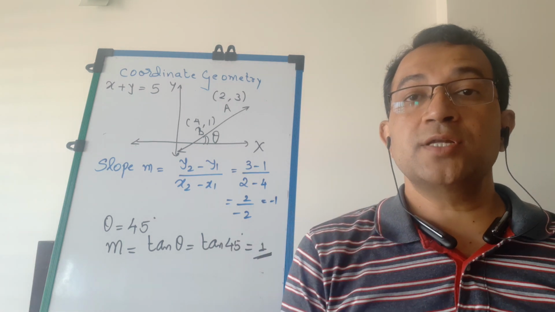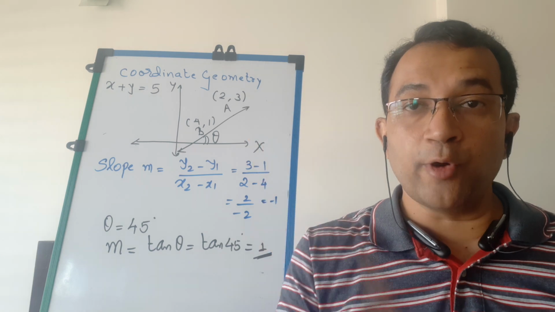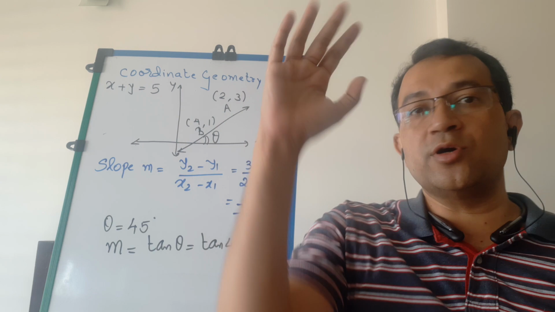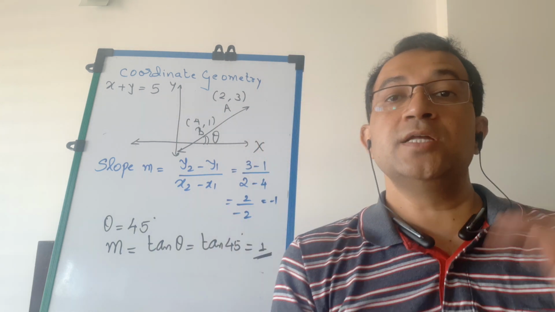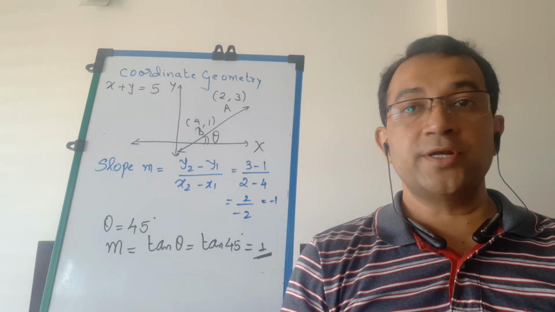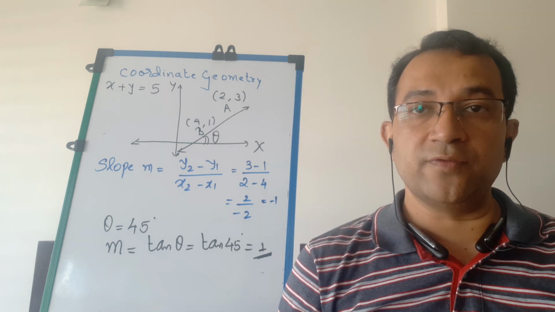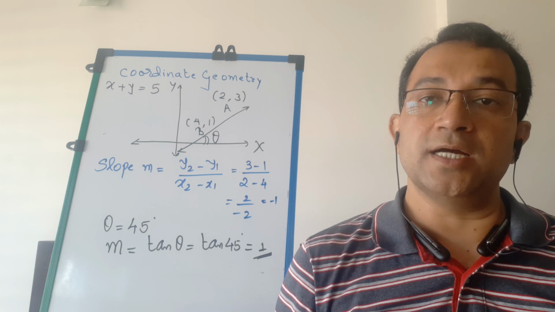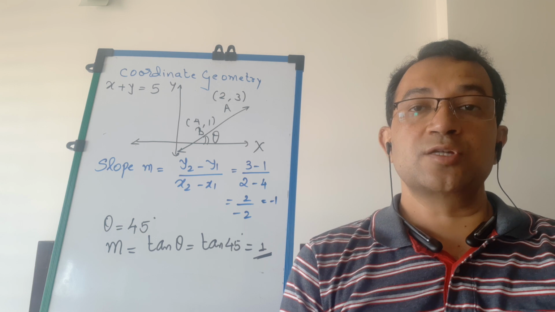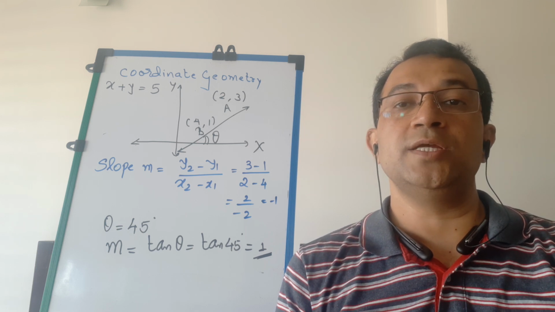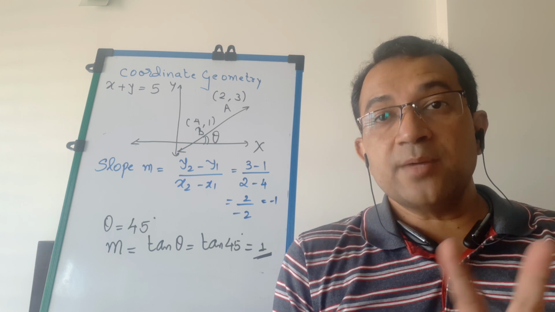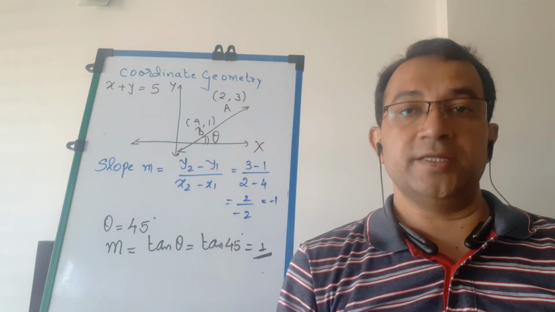Now if 2 points on a line are not given, instead you are told that the line makes an angle theta equal to 45 with positive direction of x-axis, then slope is defined as tan of that angle. All of you have studied trigonometric functions, you know basic sine, cos, tan functions. So tan of theta, as per our example tan of 45, will give slope, and then the slope comes out to be m is equal to 1. This is just an example, and I have taken this angle roughly.